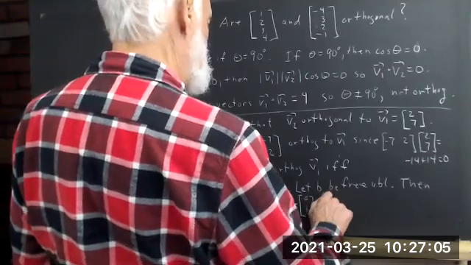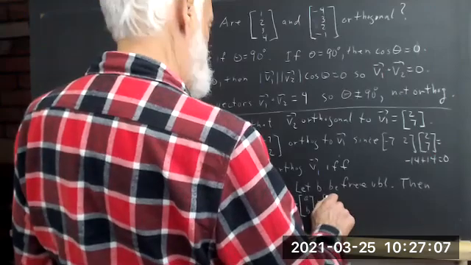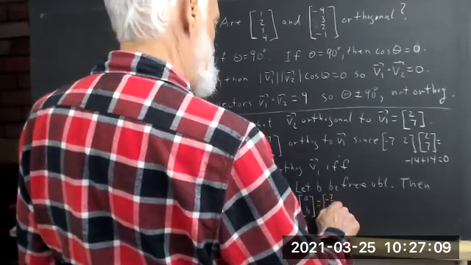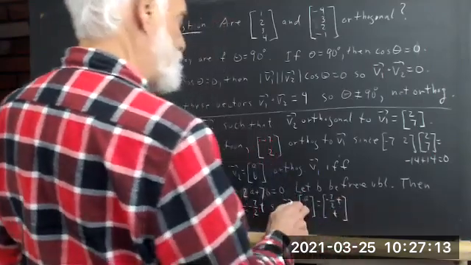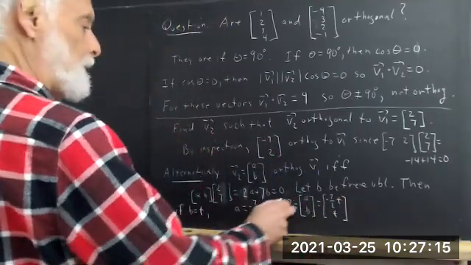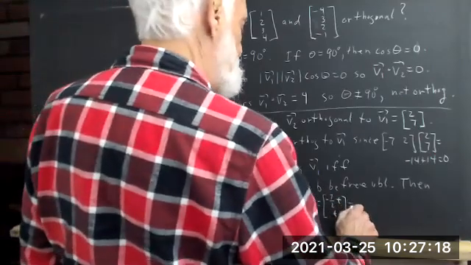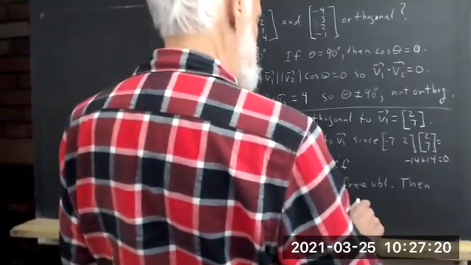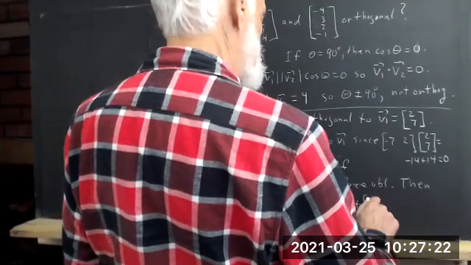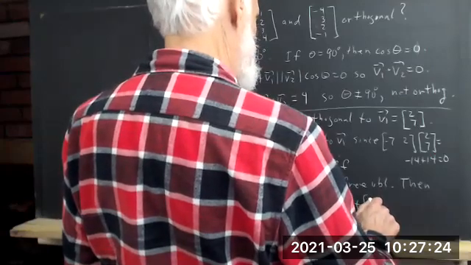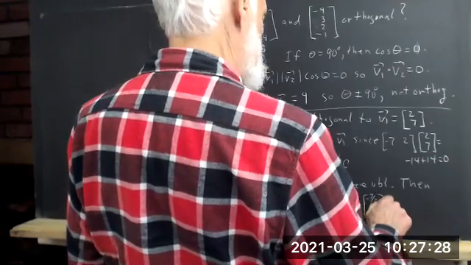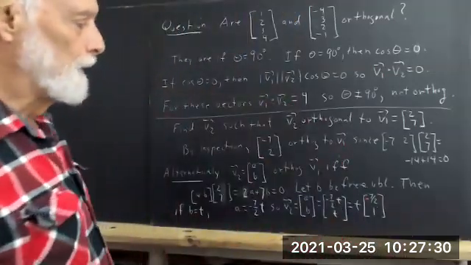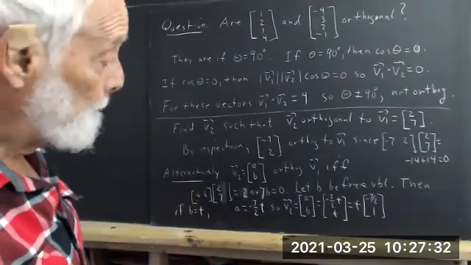So V2 is A, B, which is negative 7/2 T, T, since B is T, A is this. So it could be T times negative 7/2, 1.